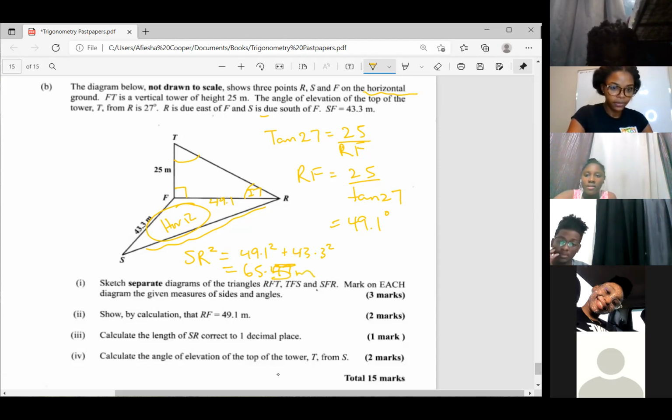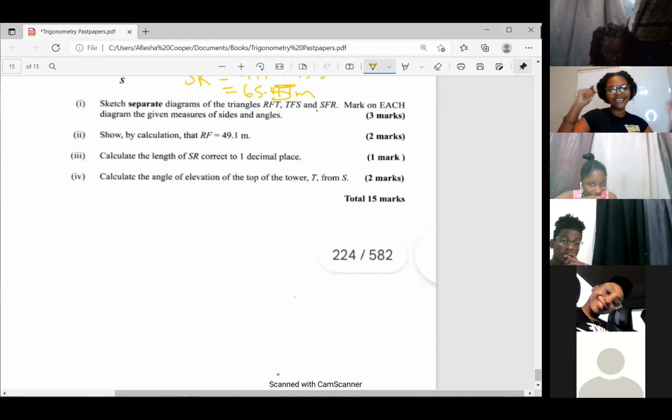Just checking, 49.1 squared plus 43.3 squared. 65.5 meters. Nice. And the last one.